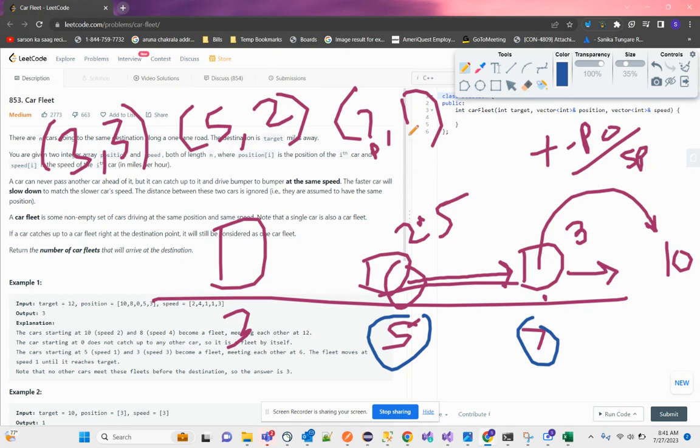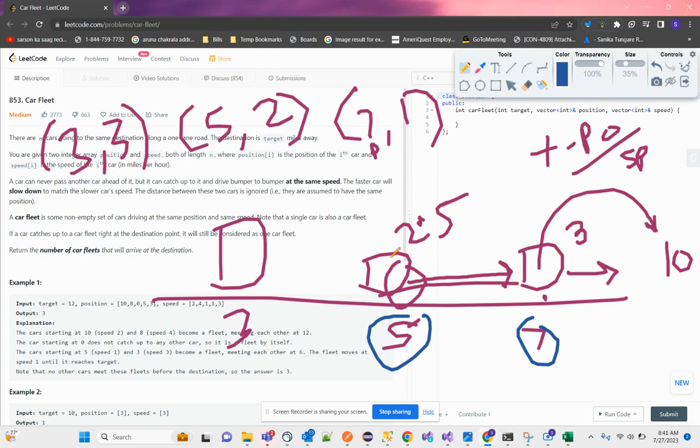You can see the speed of 7 is 1, the speed of the car before it is 2. Why is that? Because always we have to keep the first one ahead. That means the ahead car will always be the first one. This car, the 7, is never going to intersect with anyone, because there are no cars ahead of it. Directly it is a target, right?